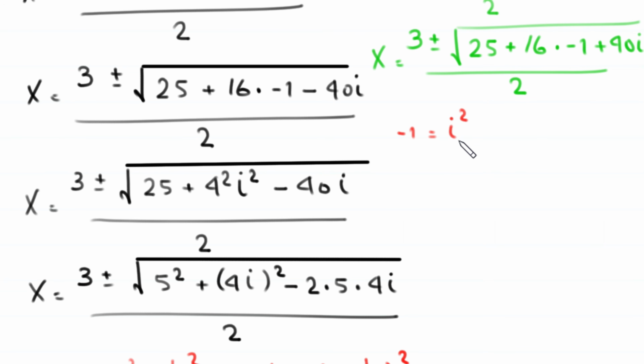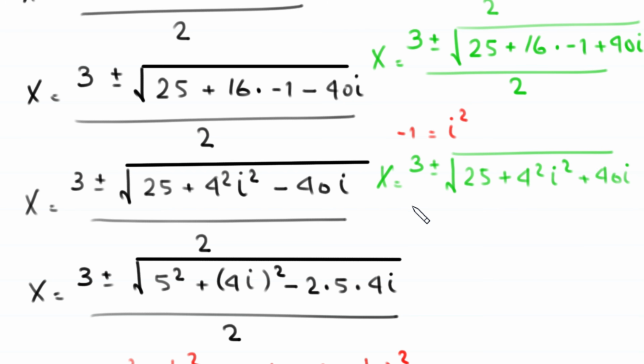Since i squared is equal to negative 1, we can rewrite this equation as x is equal to 3 plus or minus the square root of 25 remains same, and we can rewrite this 16 as plus 4 squared. Negative 1 can be written as i squared plus 40 times i divided by 2.